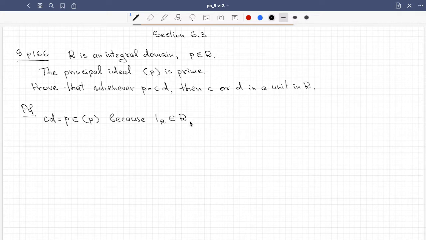Now the ideal is prime, by definition, a product of two elements belongs to the prime ideal implies one of them, therefore at least one of them must belong to the ideal.